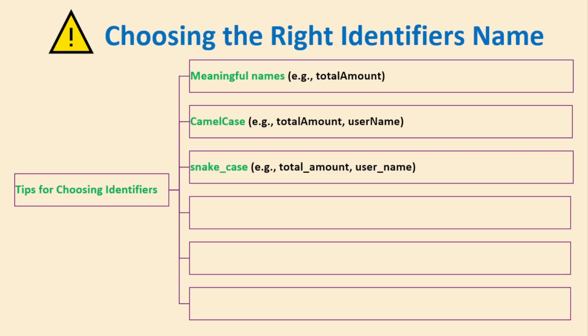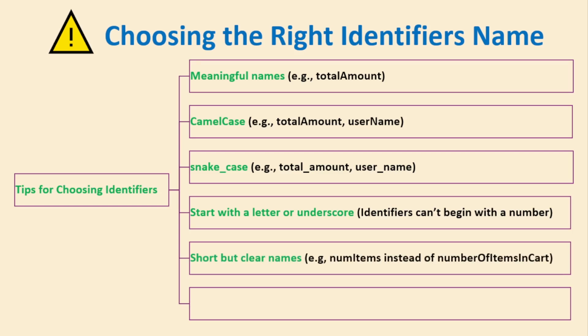Variables should always start with a letter or an underscore, as starting with a number isn't allowed. Additionally, while short names are preferable, they should still be clear. numItems is a better choice than numberOfItemsInCart.